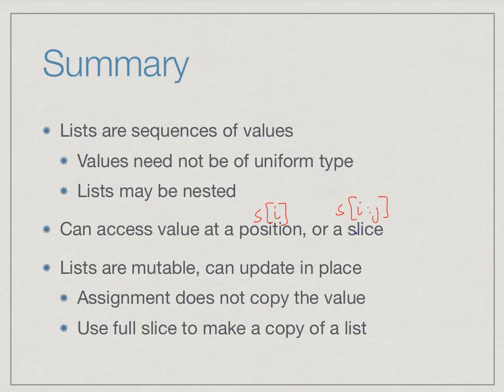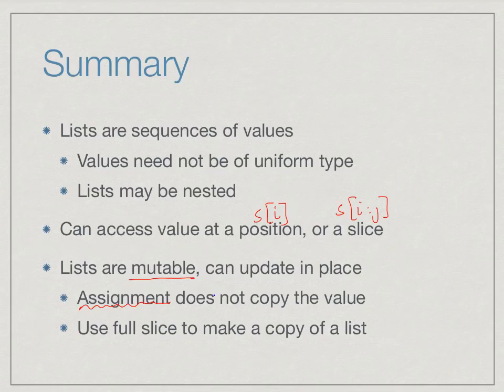One new feature of Python which we introduced with lists is the concept of a mutable value. So a list can be updated in place. We can take parts of a list and change them without affecting the remaining parts. It doesn't create a new list in memory. One consequence of this is that we have to look at assignment more carefully.